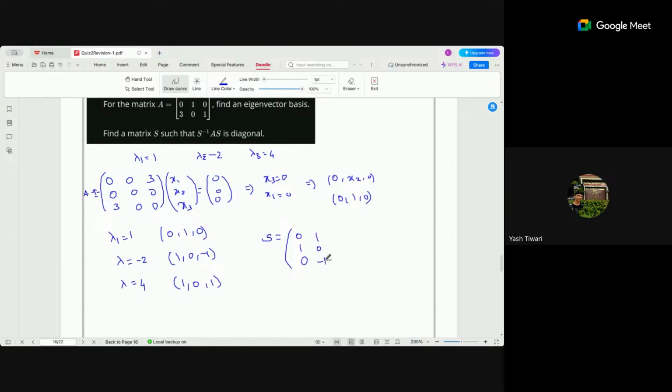Second will be 1, 0, -1, and third will be 1, 0, 1. And what is your S inverse? You have to calculate your S inverse. And what is your diagonal matrix? The diagonal entries are 1, -2, and 4, and others are 0. So this is how you diagonalize a matrix, right?